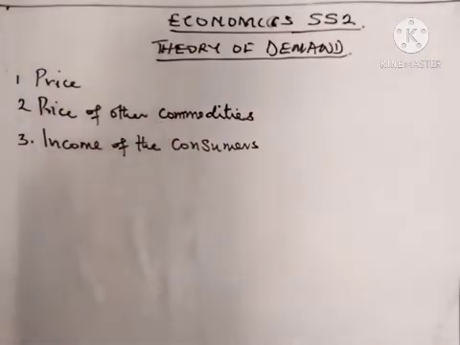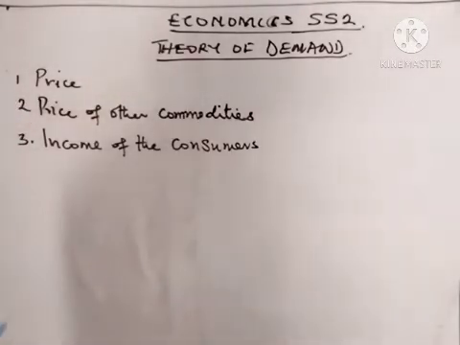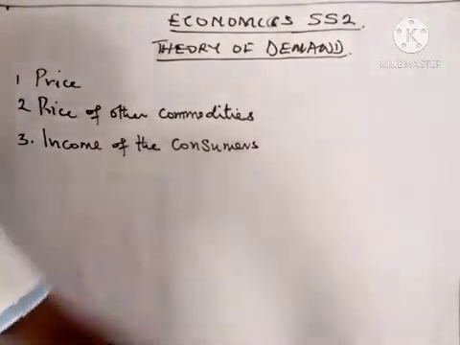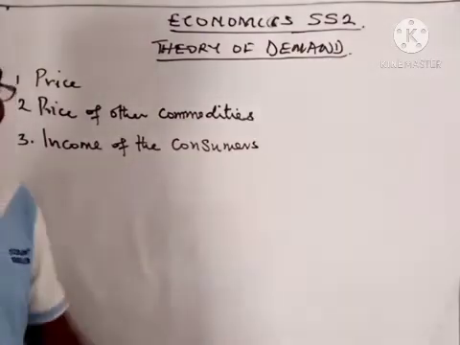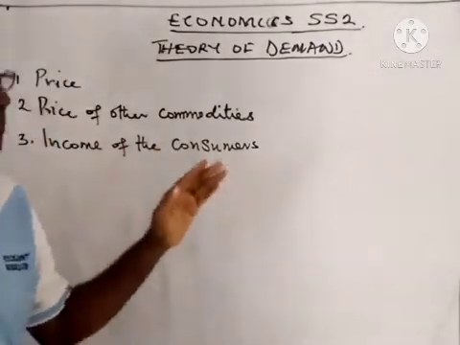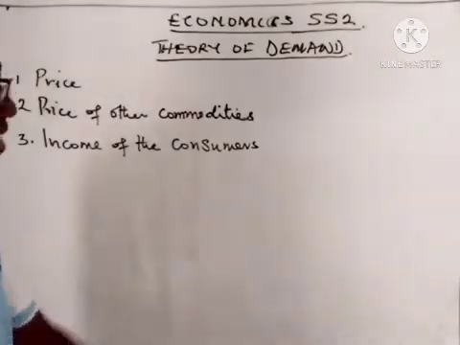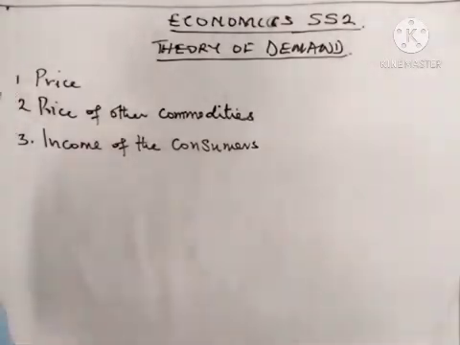Maybe a consumer has been earning 10,000 every month, and all he does is buy maybe 2 or 3 Congos of rice in a month. A graduate that earns 10,000 will only be managing. If he should get a real job, maybe he is given a job of 150,000, rather than buying 2 Congos, he would rather go and buy 1 bag. So the income of the consumer can equally affect the demand.